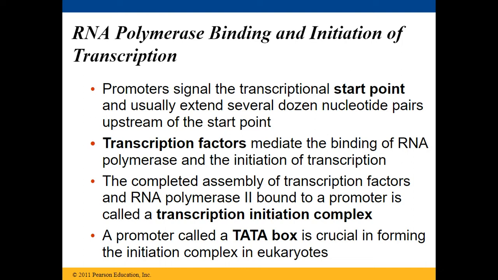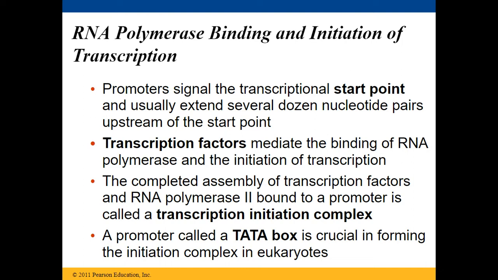This is also signified by something called the TATA box. It's a series of T's and A's in the DNA strand that signals that it is the promoter region for that specific gene. It is crucial in forming the initiation complex in eukaryotic cells.